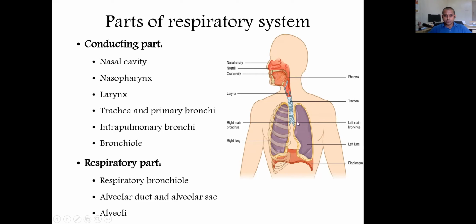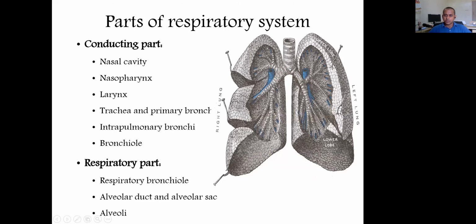So this is the principal bronchus, and after this the bronchus goes inside the lungs. That part of the bronchus is called the intrapulmonary bronchus. Let us know the names of these bronchi. The trachea divides into the principal bronchus, also called the primary bronchus, which further divides into secondary bronchi.